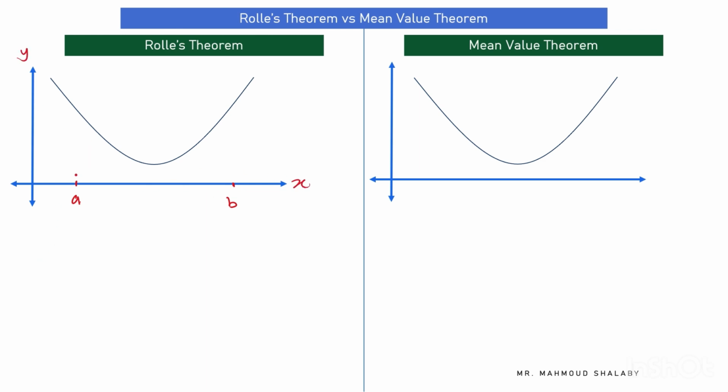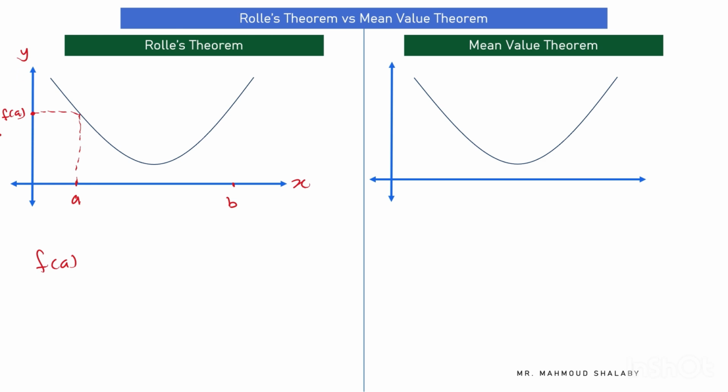Now, I will ask you a question. If this is the value of A, how can I find f of A? We will go all the way up to the curve and then go to the left to find the value on the y-axis that represents f of A, as y equals f of a.